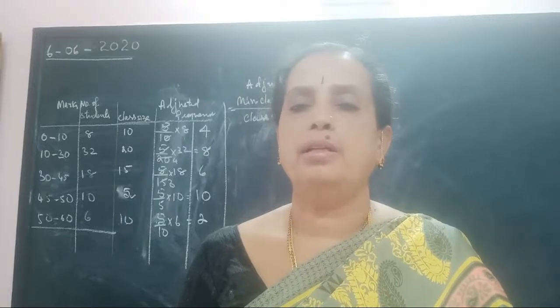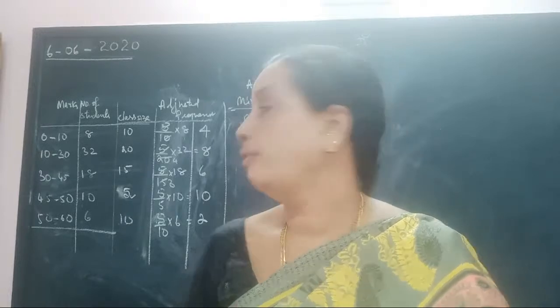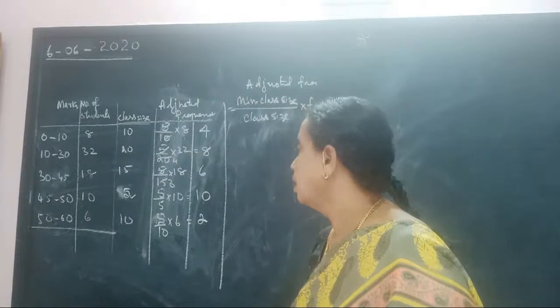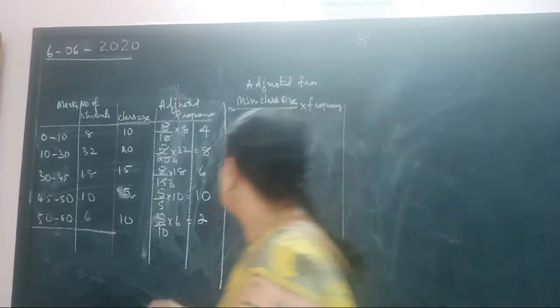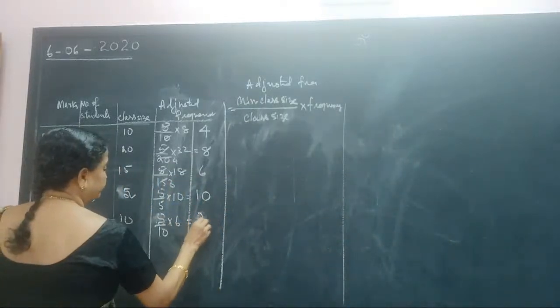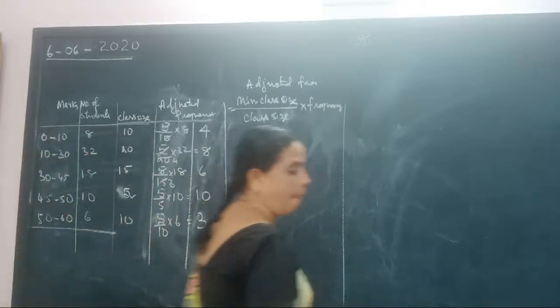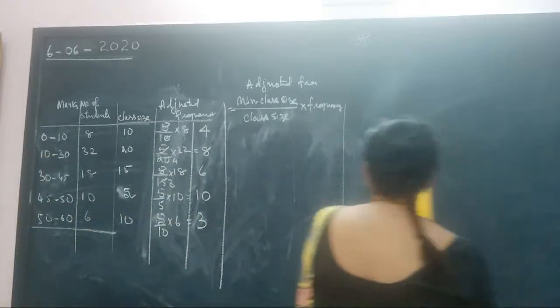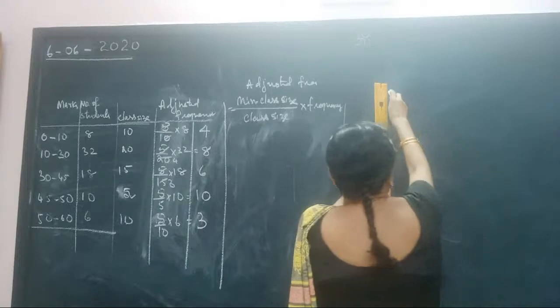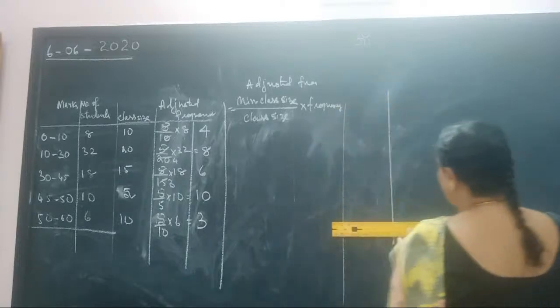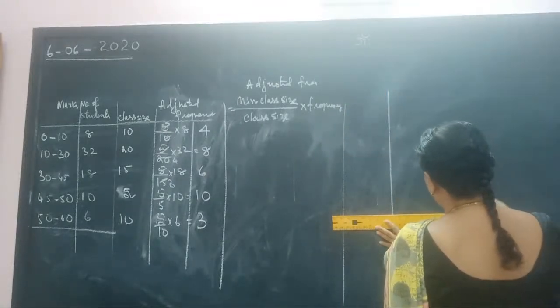We have done 50 to 60. Now the table is ready to plot. Take the table.